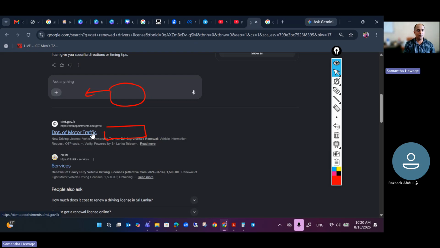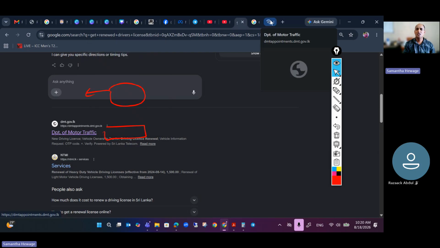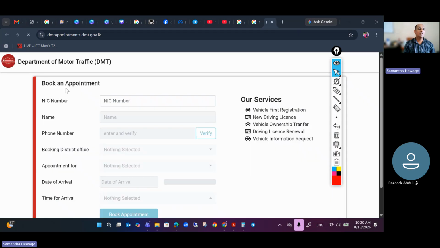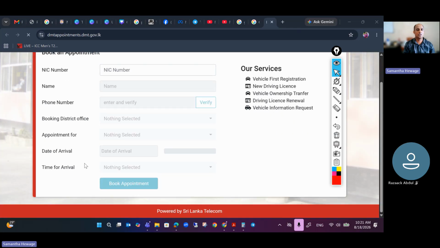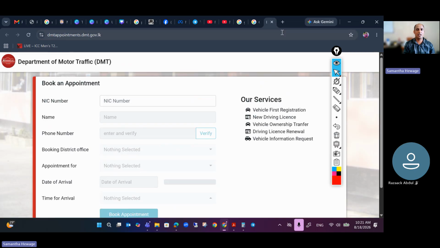So, Department of Motor Traffic. This is one of the services they are providing. See, Department of Motor Traffic. What are the services? Vehicle first registration, new driving license, vehicle ownership transfer, driving license renewal, vehicle information, right? So you can have an appointment, something like that. Let's say driving license renewal.